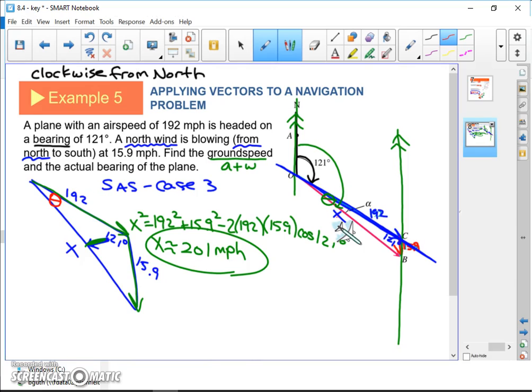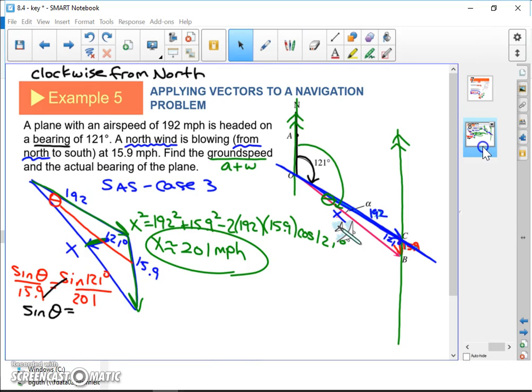And if you blow up the picture, it's a little bit easier to see. Let's establish that connection and let's use law of sines. We do sine theta over 15.9 equals sine 121 over, what did we just find, 201? And so let's multiply both sides by 15.9.